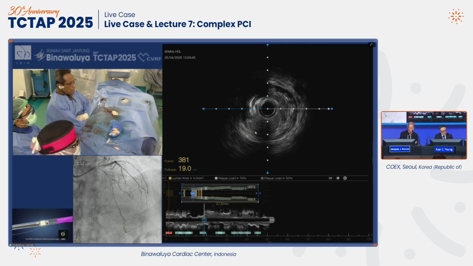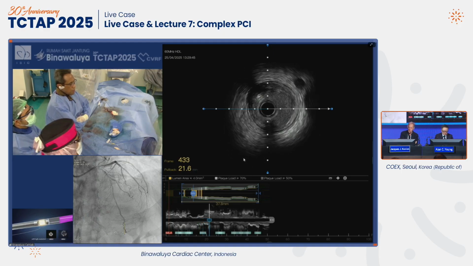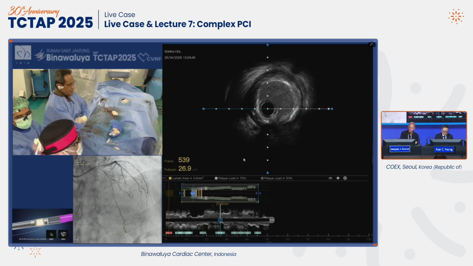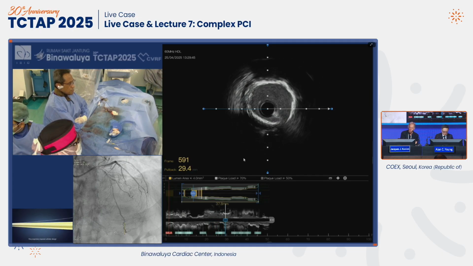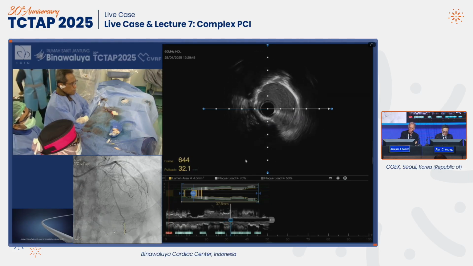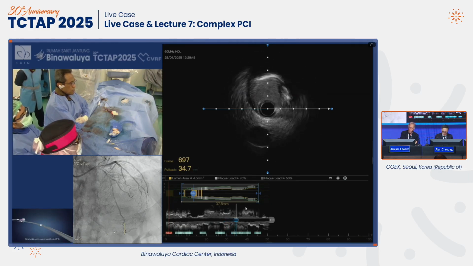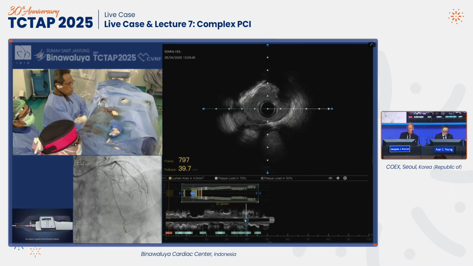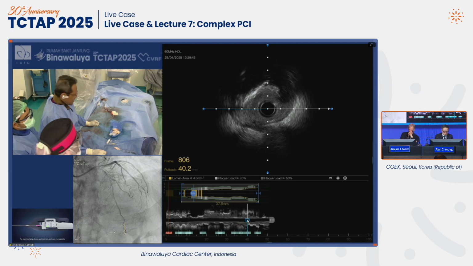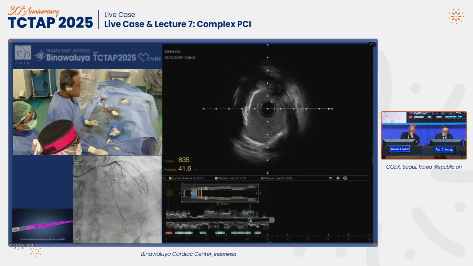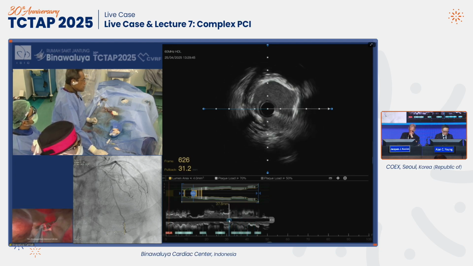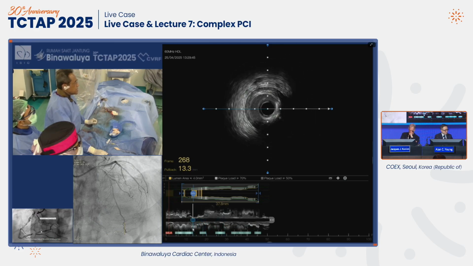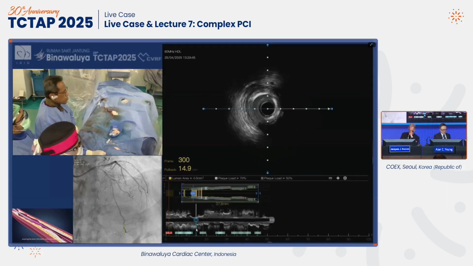You don't place a wire in the diagonal just in case you have to go in there, so that you know where to go? Not for stenting or ballooning, but just in case you lose it, you know where to go as a guide. In my daily practice, if the ostium of the diagonal is very severe, we might need a protection wire there.